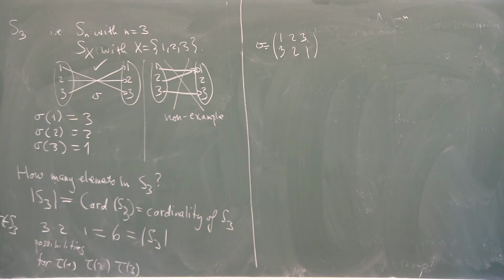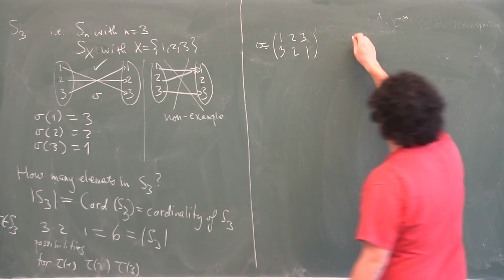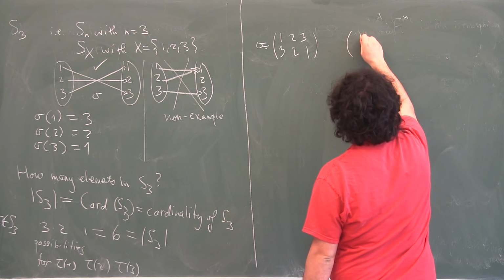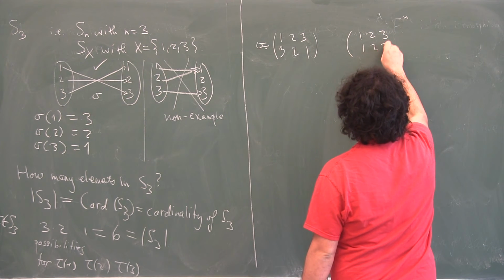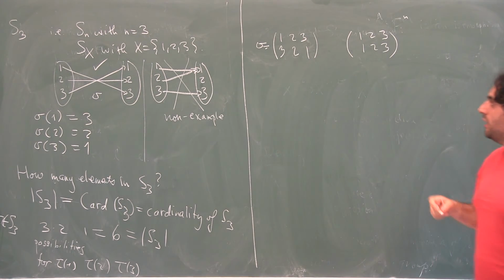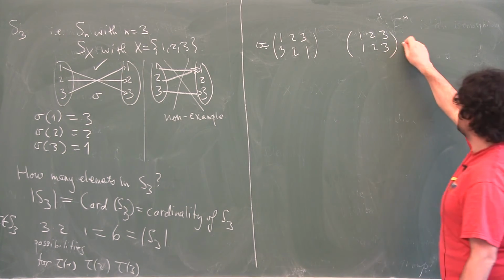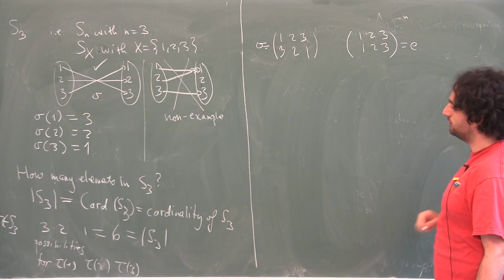So this is my notation for sigma. If I want to do another permutation, I could, for example, do 1, 2, 3 on top and 1, 2, 3 below. What's going on here? 1 goes to 1, 2 goes to 2, 3 goes to 3. So this is just the identity.